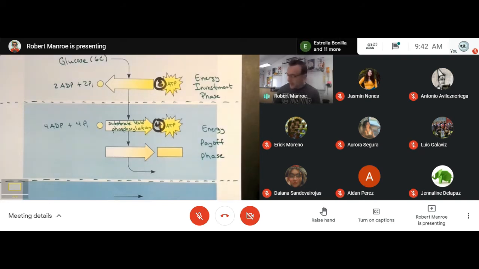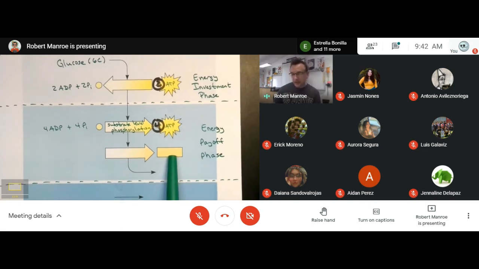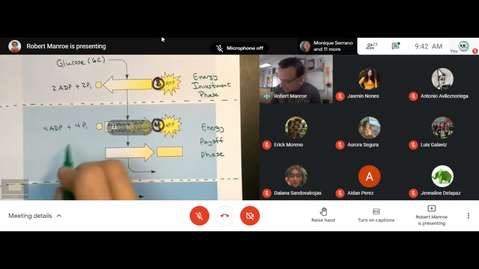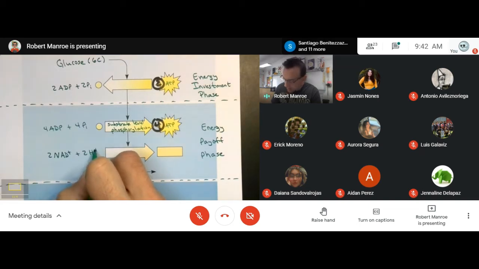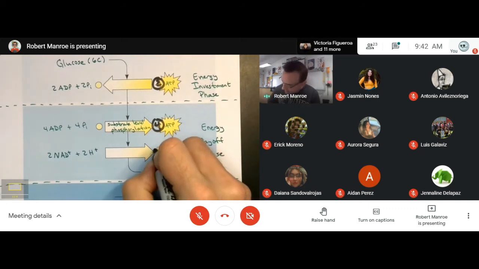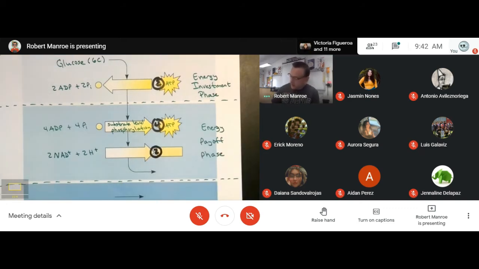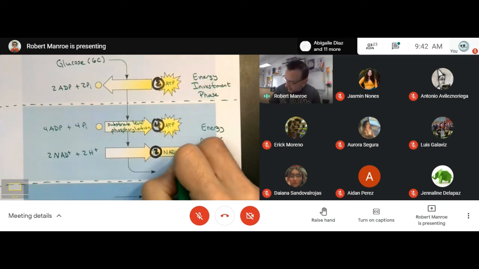Then, if we're going to have NADH here, right, this is going to be NADH, then what has to come in to pick up the electrons and form NADH? What goes here? NAD, totally agree. As a matter of fact, there's 2 of them. 2 NAD plus 2 associated protons will ultimately make 2 NADH.